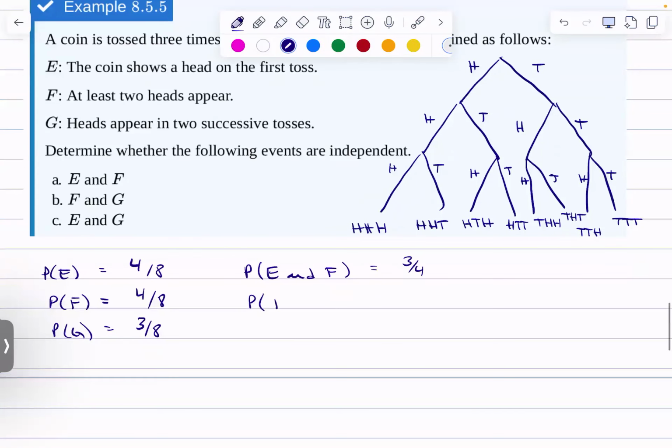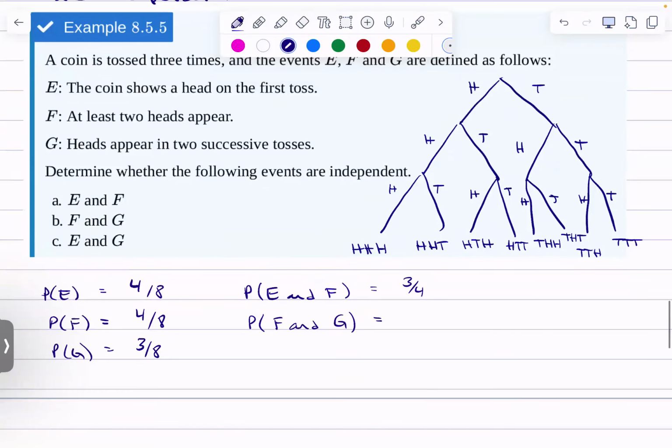Probability of F and G, at least 2 heads appear. Well, that's 1, 2, 3, 4. Good.